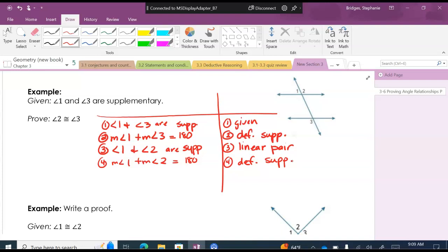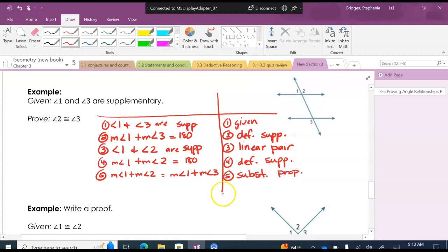So if I know that 1 plus 3 equals 180 and 1 plus 2 equals 180, should I be able to say that 1 plus 2 equals 1 plus 3? If they're both equal to 180? Okay. And that, again, could either be called substitution or transitive, whichever one you prefer on that.